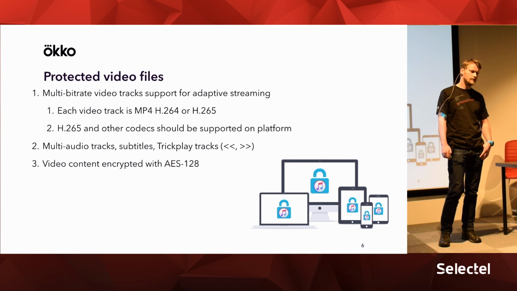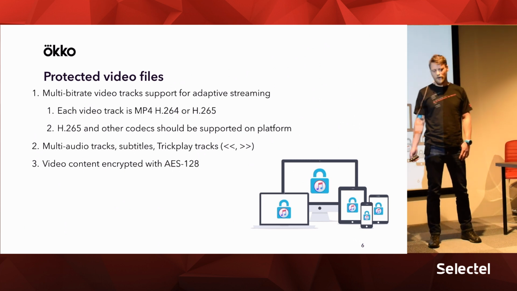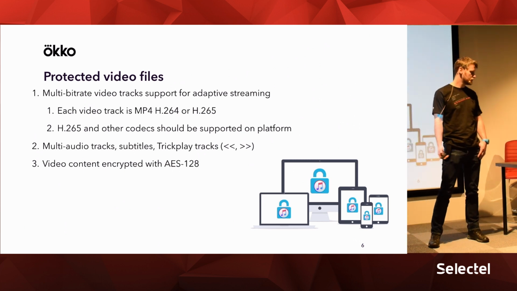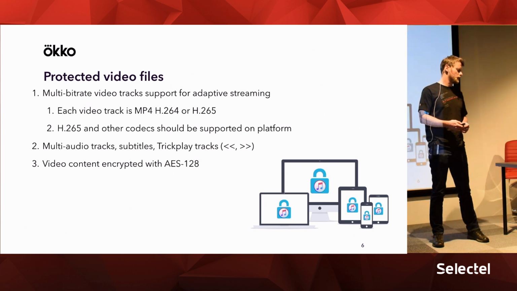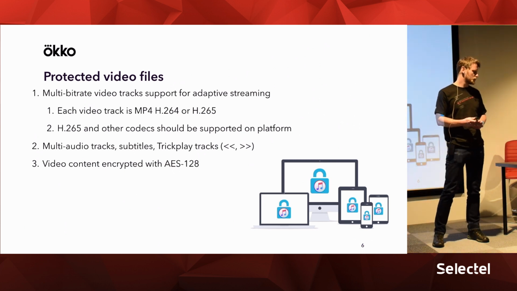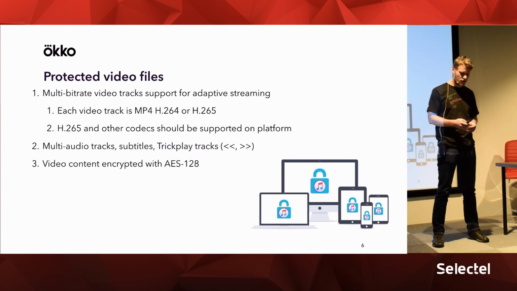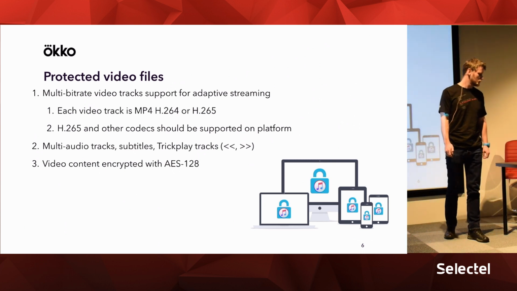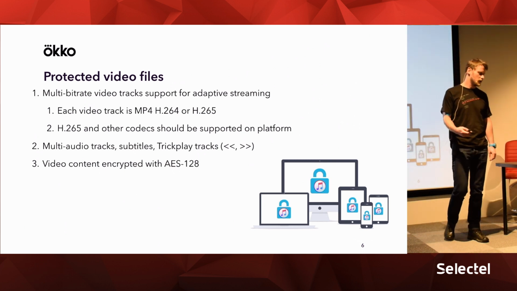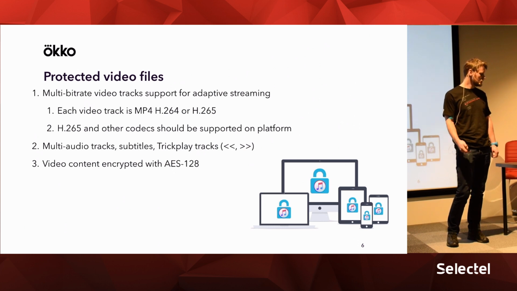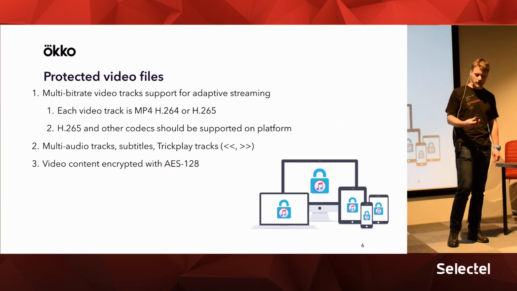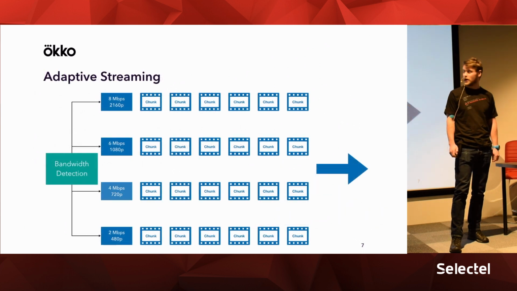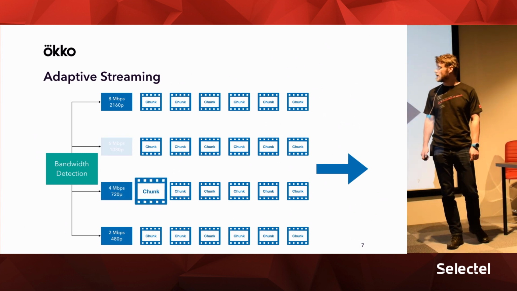They have different bit rates of video streams to have good playback in different qualities of networks, and they can also have different audio tracks, subtitles, and so on. And for encryption, it's encrypted with the AES-128 algorithm. Okay, this is what adaptive streaming means.